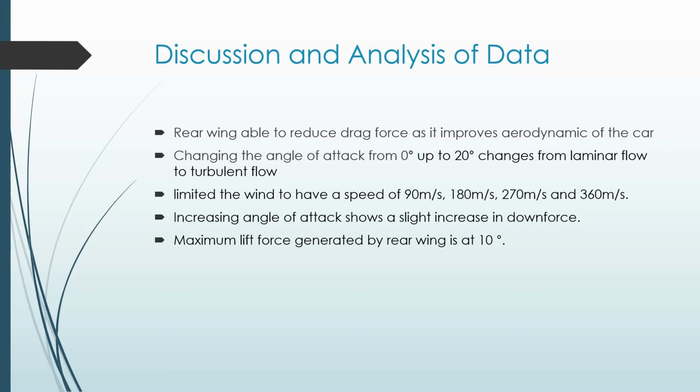This can be observed when the angle of attack changes from 10 degrees to 15 degrees from the table earlier, that the air that flows through the rear wing creates a vacuum area behind the rear wing, which in return causes the air to experience turbulent separation, which negatively impacts the function of the rear wing.